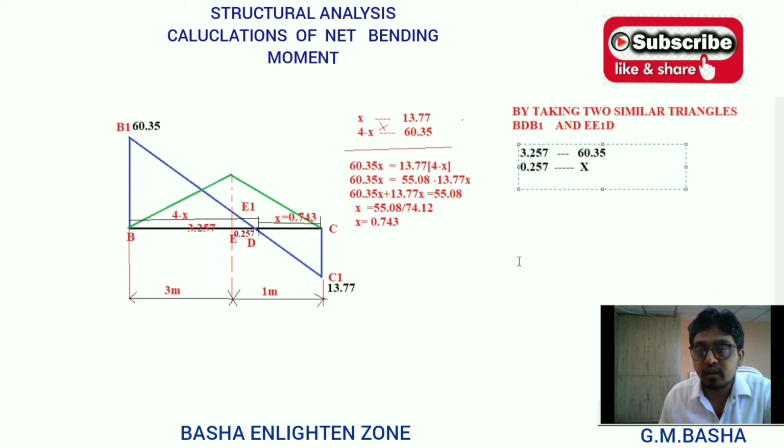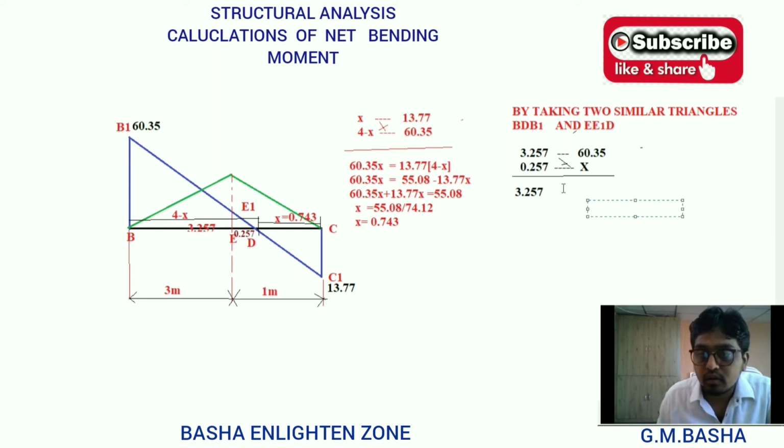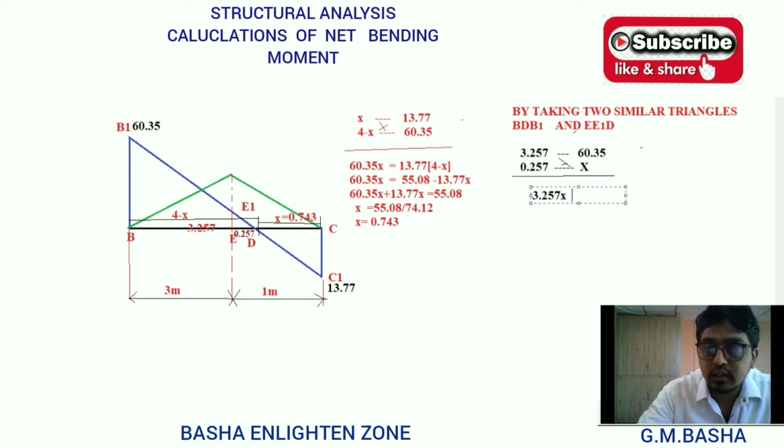So see here, again you will do the cross multiplication for these two. 3.257 x will be equal to 60.35 into 0.257.